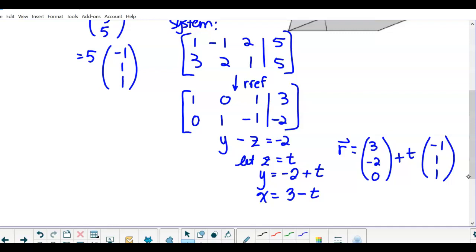Alright, so next one, think about that one: determine the Cartesian equation of a plane containing a point. So now you know a point and a line. In order to get the Cartesian equation, you need to either know 3 points, so you can get 2 direction vectors, and then use the normal, or if you know a point and a separate line, you already know one direction vector and you can come up with another one.